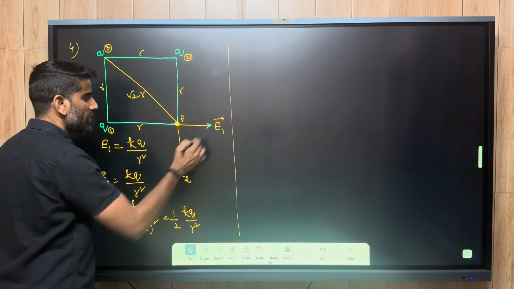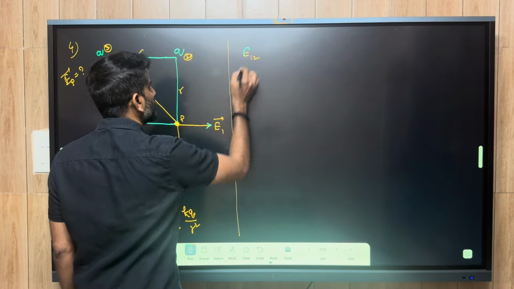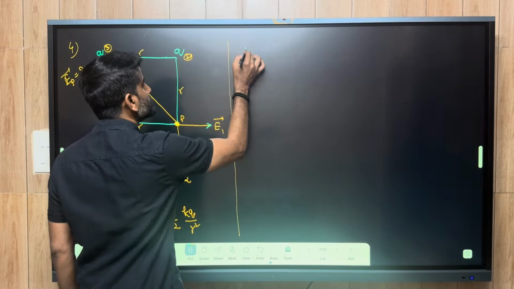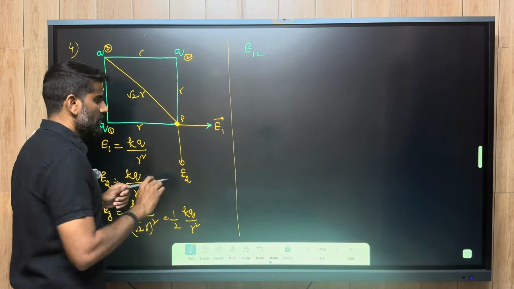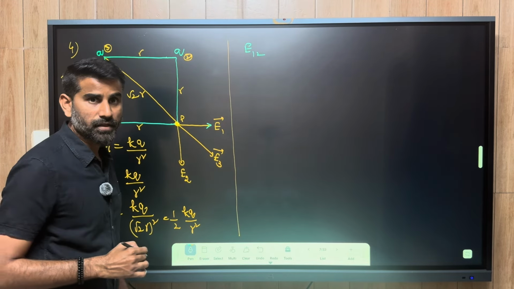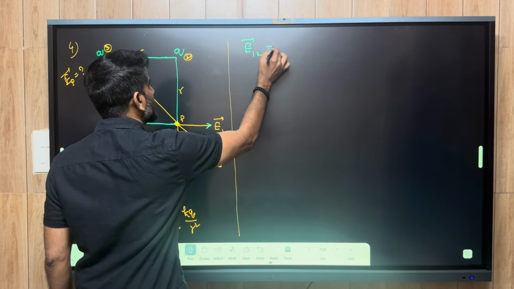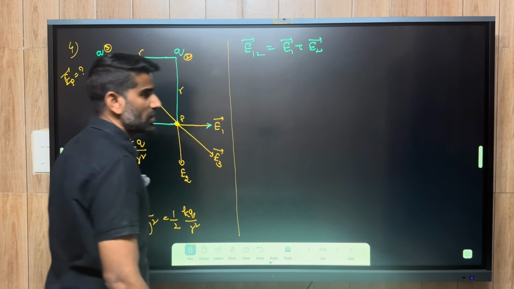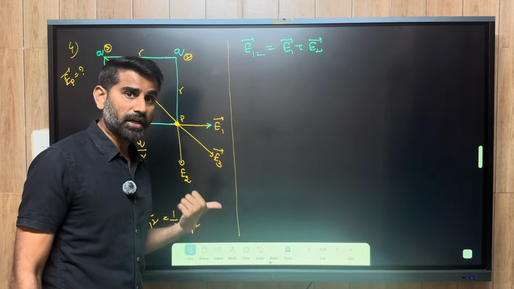E1 and E2 are acting in perpendicular directions. The resultant of these two is E12, and E3 will be in this direction. So E12 is equal to E1 vector plus E2 vector. I am using the parallelogram law of vectors to find their magnitude.